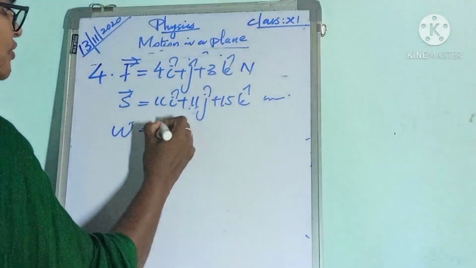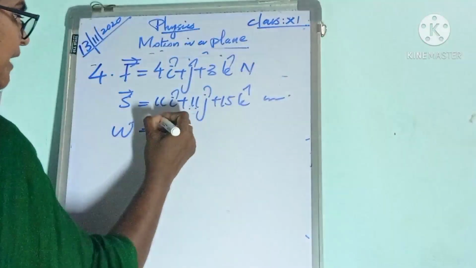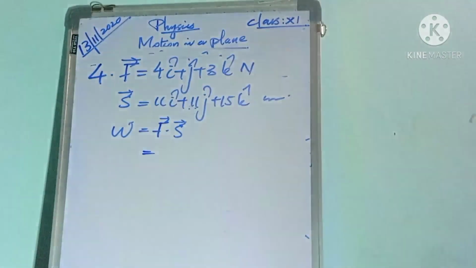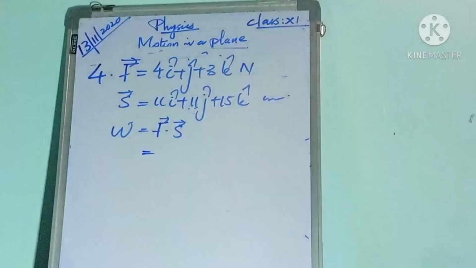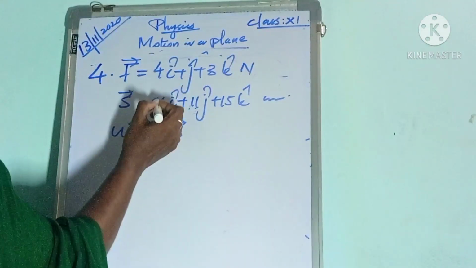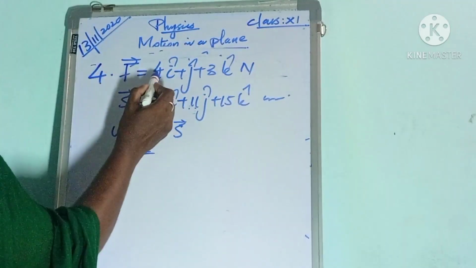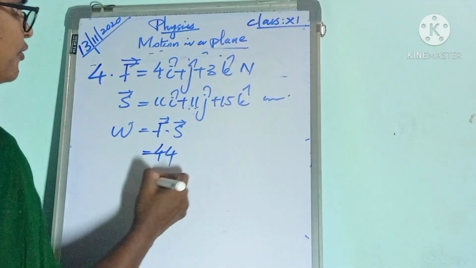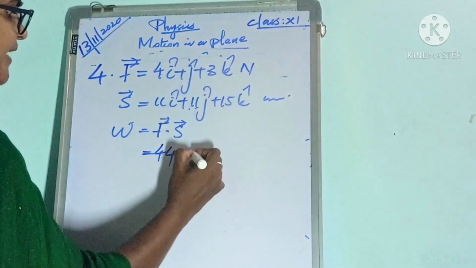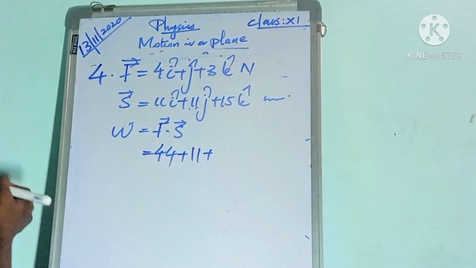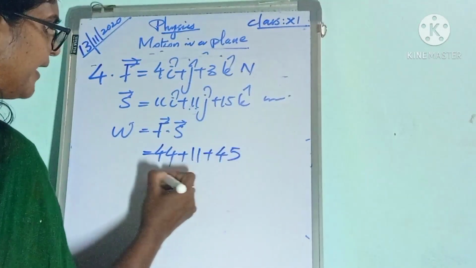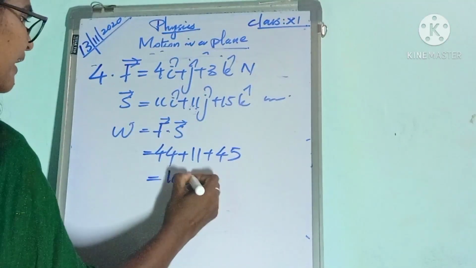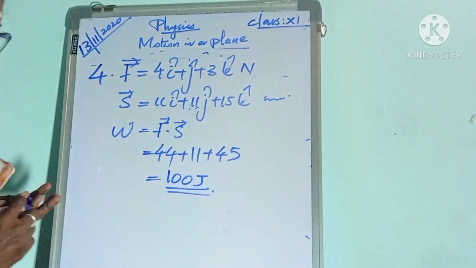So W is equal to F dot S. We can find F dot S as, here it is 4 into 11, actually it is 44, plus 1 into 11, it is 11, then plus 3 into 15, actually it is 45. By adding all these things, we will get 100 J. This is actually the work done.